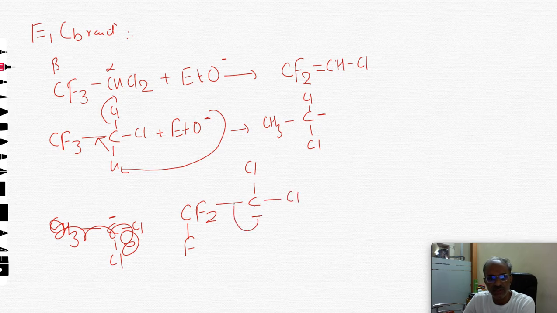So this will happen here and this will be a leaving group. So it will be CF2 double bond CCl2.